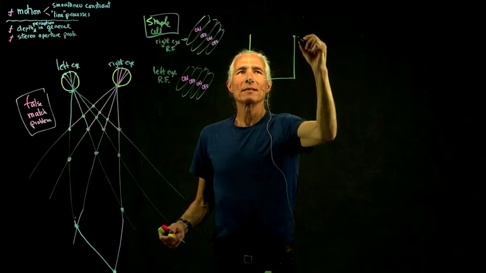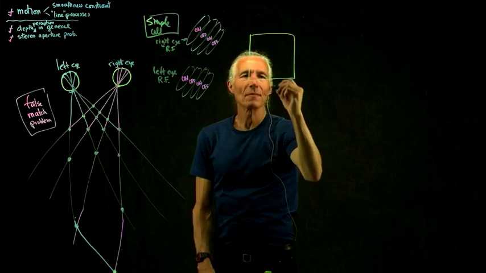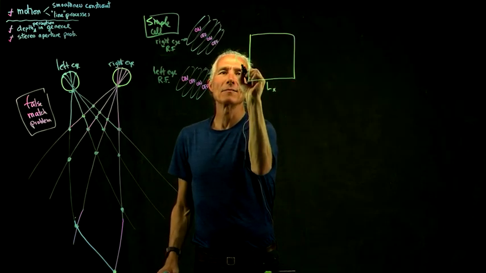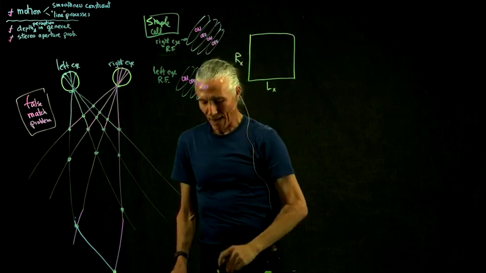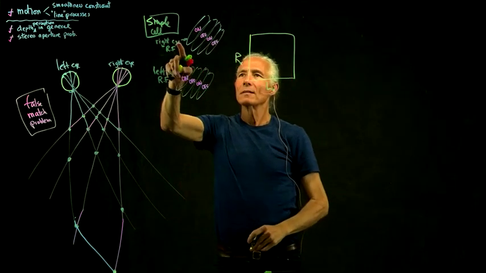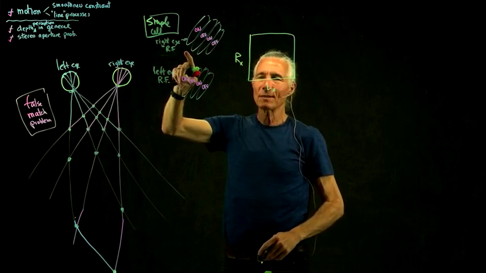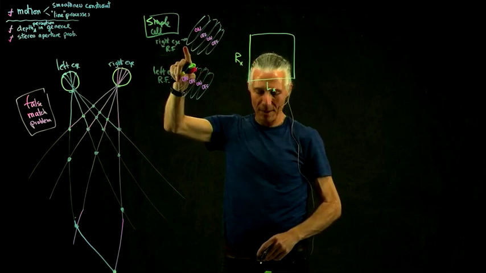So this is basically the x distance in the left eye and the x distance in the right eye. And so, if we just tested with a single spot, what would happen?